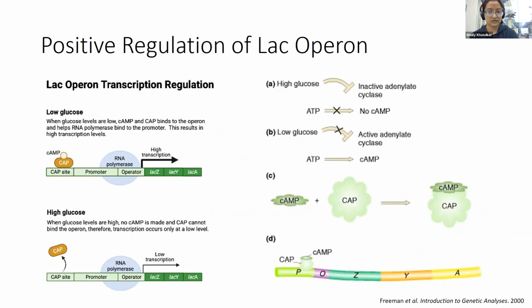Conversely, there's also positive regulation at the LAC operon, and this occurs during conditions of low glucose. When glucose levels are low, the cell accumulates cyclic AMP, which is a binding partner of a protein called CAP.